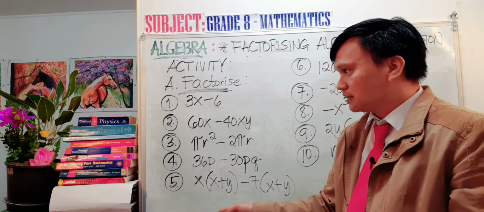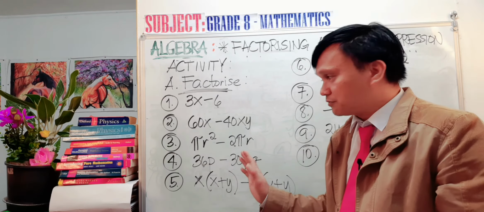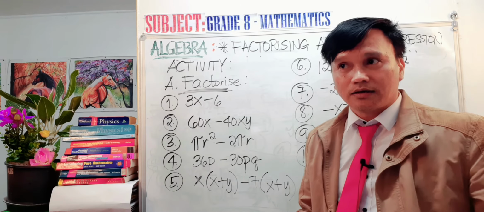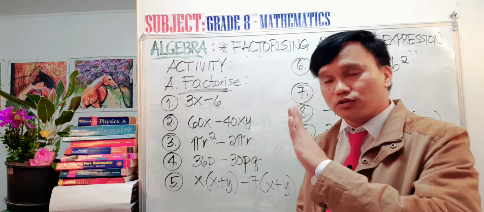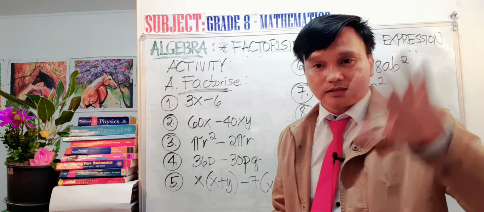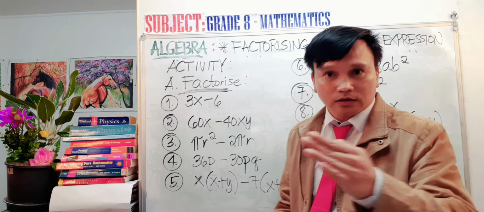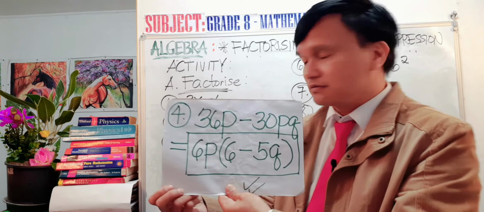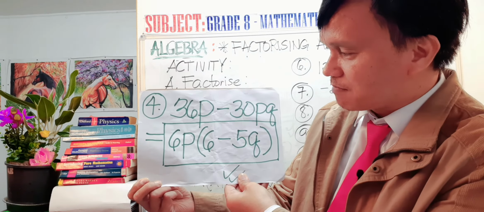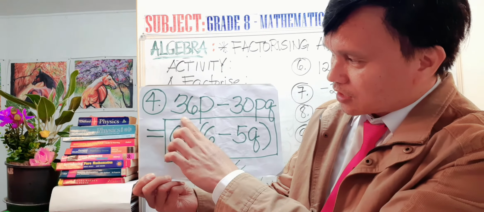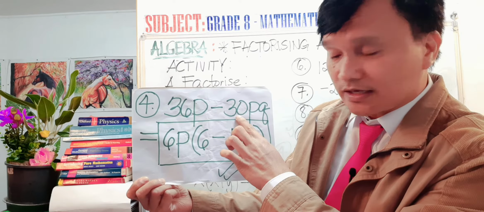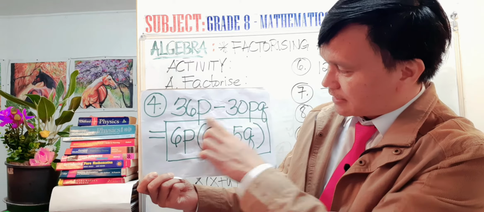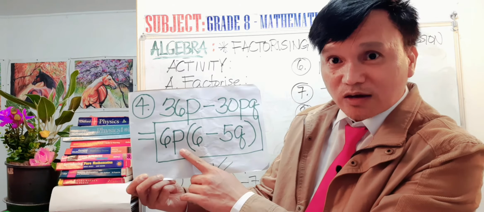I hope that you have written all of this in your exercise book so that when we are already in our next video, at least you can go back and check. So this is my answer now. 36p minus 30pq. For 36 and 30, the highest common factor is 6. And then p here and p here, so I have to put p outside.